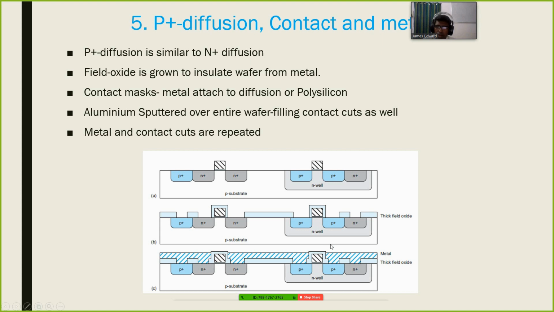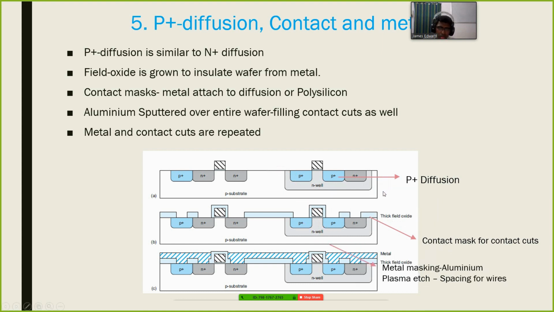Moving on, we will look at P plus diffusion. P plus diffusion is similar to N plus diffusion. Then we apply a thick field oxide layer, and a contact mask is used to form contact pads.